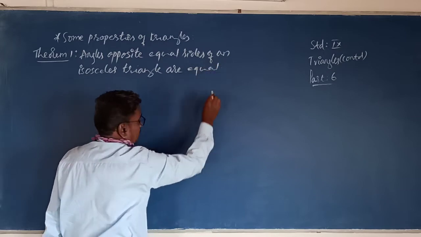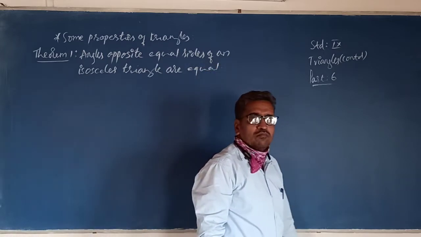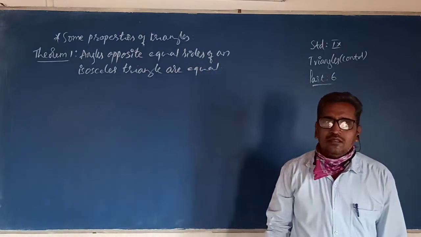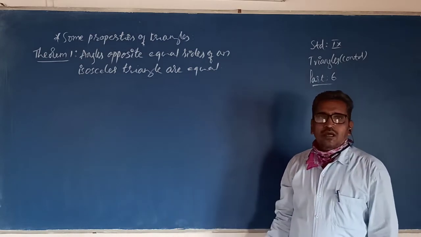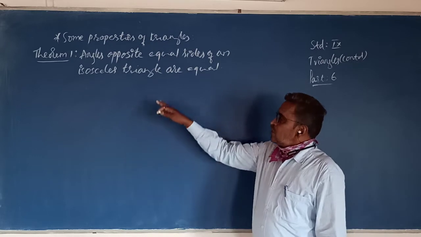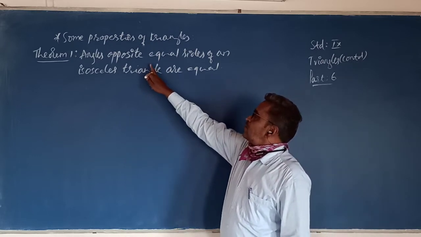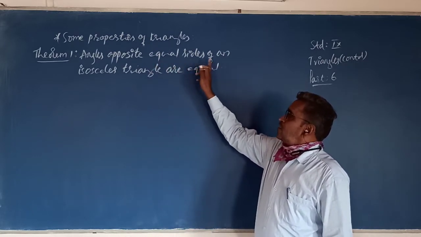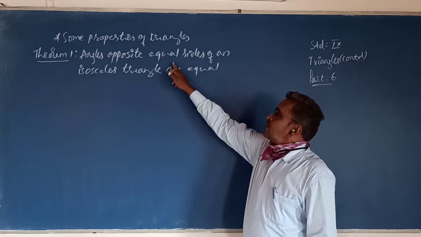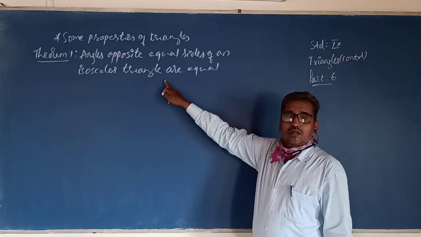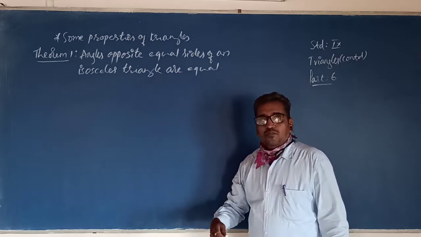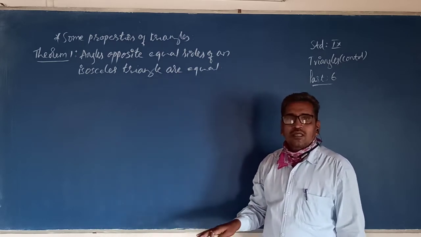This is the theorem. Once again I want to remind you that a theorem contains two parts: one is given, another is to prove. In this theorem statement, it means an isosceles triangle is given, and we are going to prove that the angles opposite to equal sides are equal.